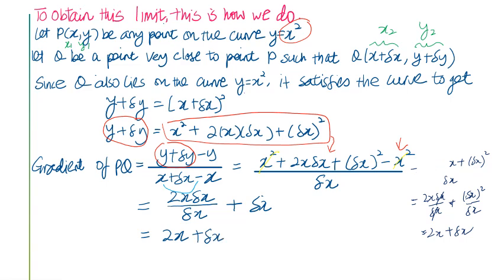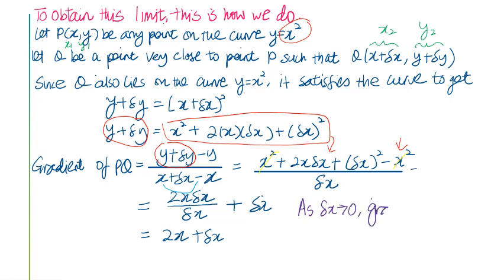All right, then what's next? As you get very close, your point Q as you get very close to point P, this one tends to 0. The meaning of tends to 0 means you are not point P. You can never be point P. P and Q are two different points.